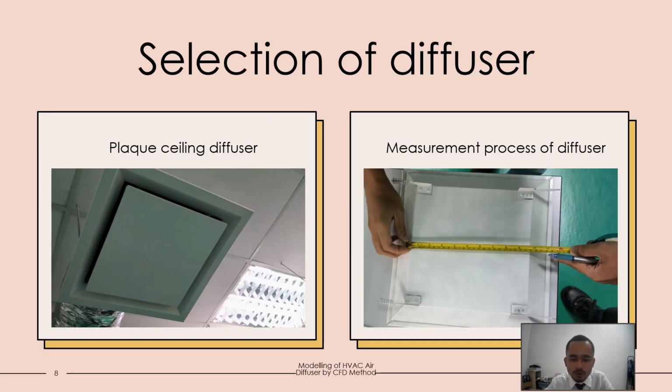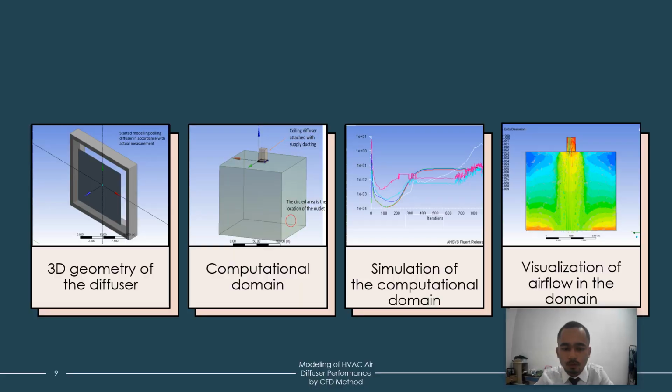So this figure shown in the slide represents the methodology that I have just proposed earlier. So this is the selection of diffuser, the plate type ceiling diffuser, and then the measurement process of the diffuser. Okay, from the left side is the 3D geometry of the diffuser.